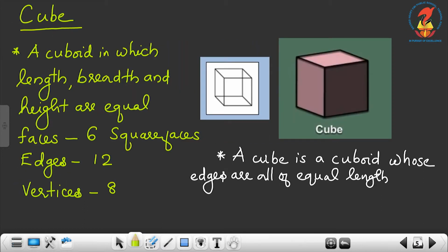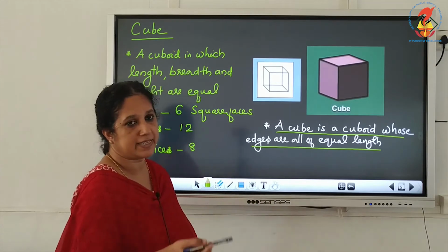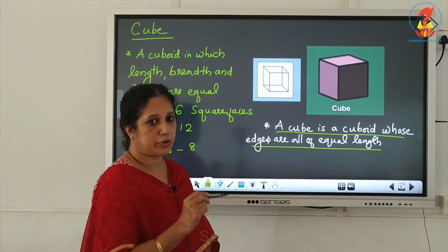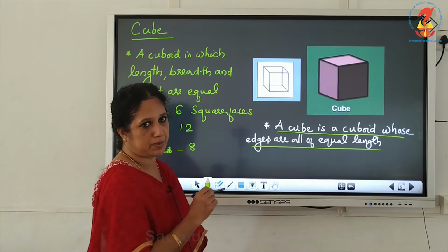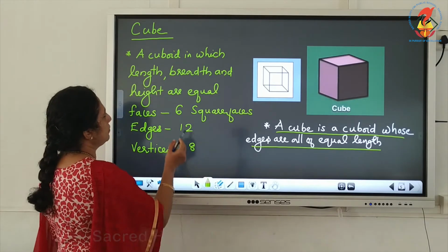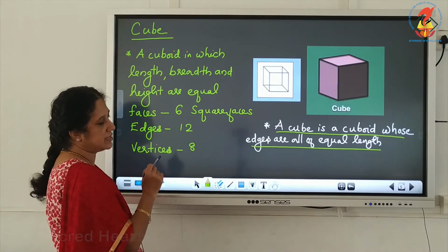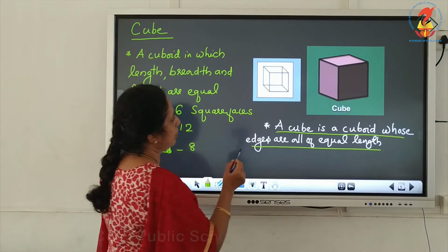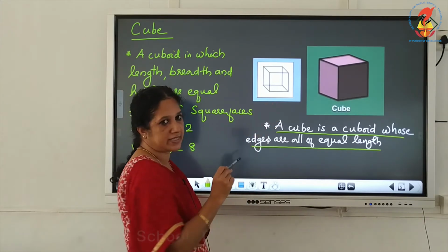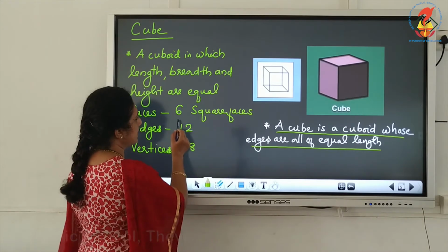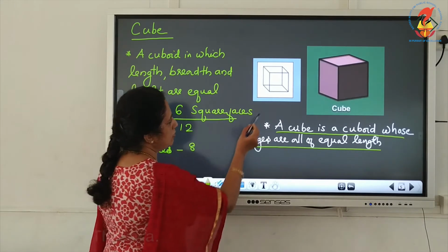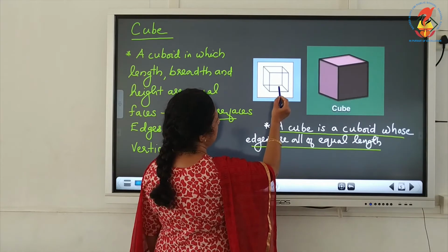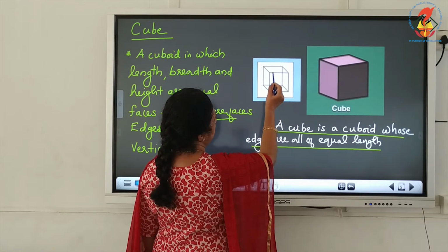Now next, cube. So a cube is a cuboid whose edges are all of equal length. When the length of the edges are equal in a cuboid, we can call it a cube. And here also we have to find out the number of faces. Here we can see that all the faces are in square shape, and there are 6 square faces. Now look at this transparent figure, we can count 1, 2, 3, 4, 5, 6.